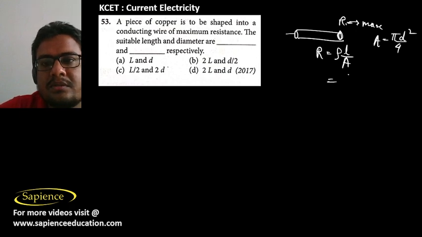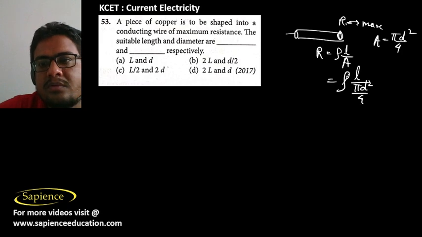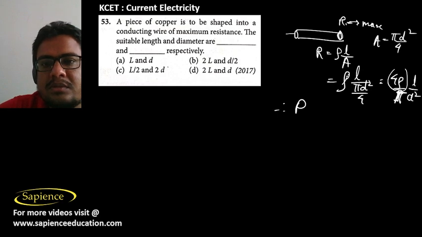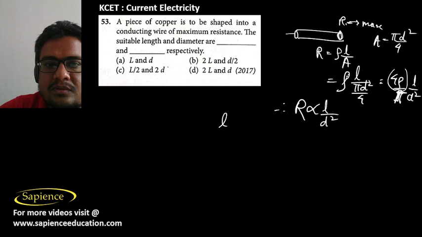So you can write rho L by pi d square by 4, that is 4 rho by pi into L by d square. Therefore, the resistance is proportional to L by d square. It means that the length of the copper wire should be high and the diameter should be low. Then only the resistance will be high.